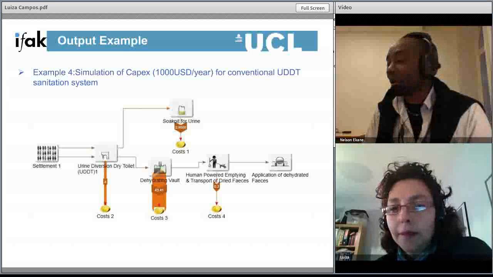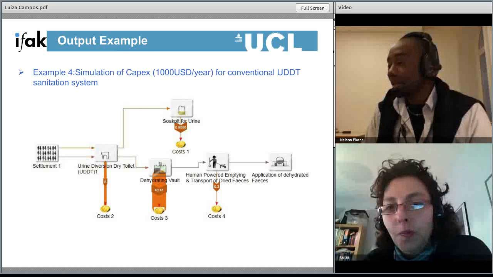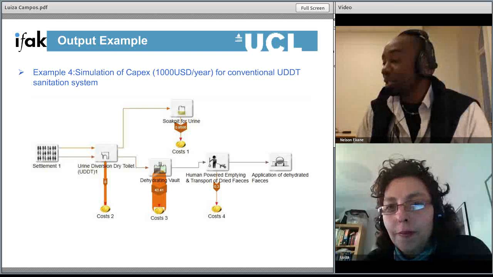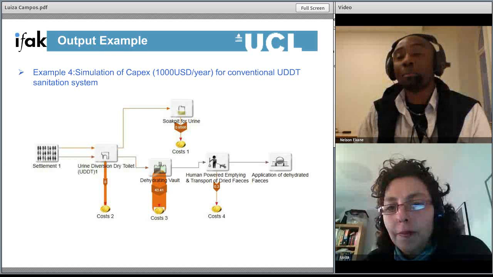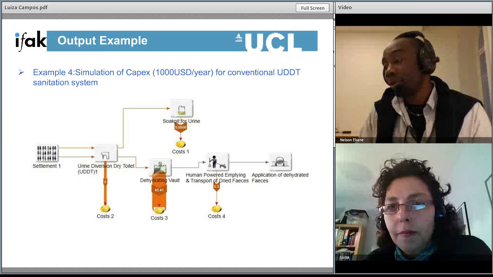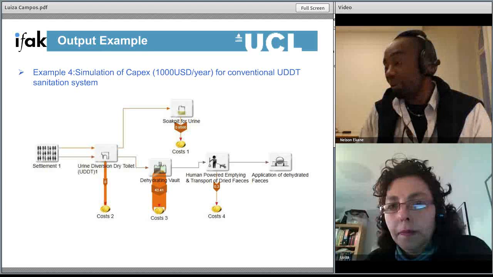Thank you very much, Luiza, for that great presentation of the material flow within sanitation systems. Just a few questions for you. One is on the input values, quantities, situations, costs that you have in your flow diagrams. How do you acquire these values?